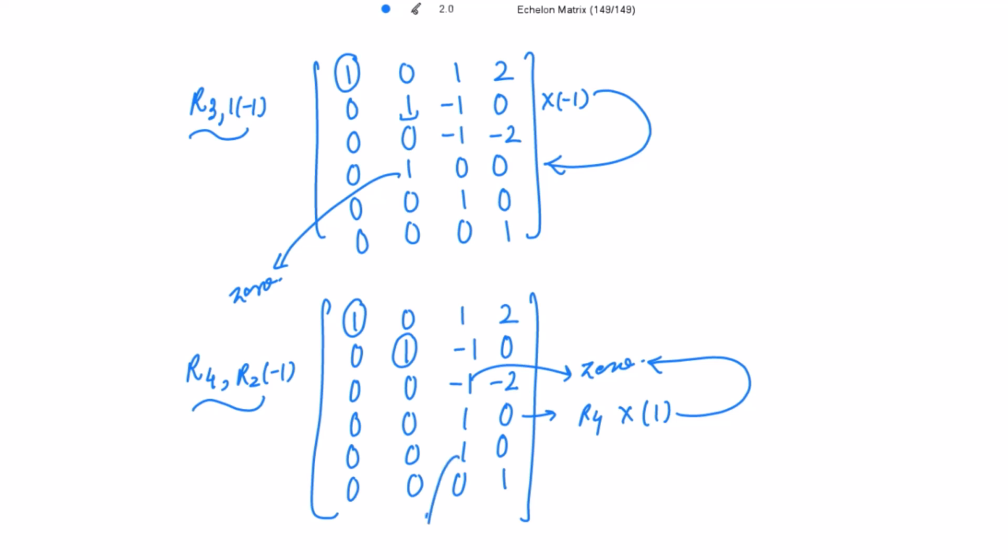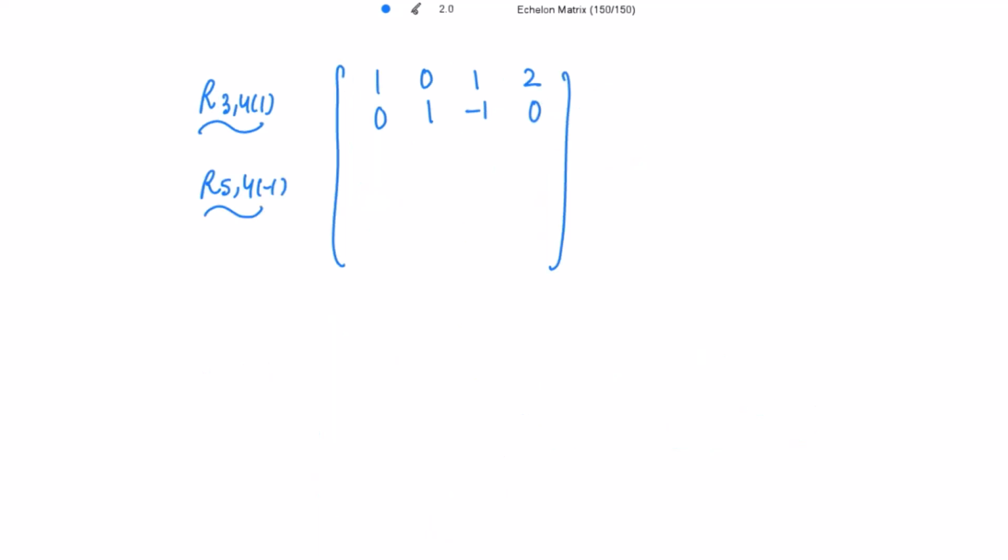And also to get 0 over here, again multiply row 4 with -1 and add its elements to row 5. So row 3 is changed into 0, 0, 0, 2, writing the fourth row as it is. And row 5 is changed into 0, 0, 0, 0, writing the last row as it is.